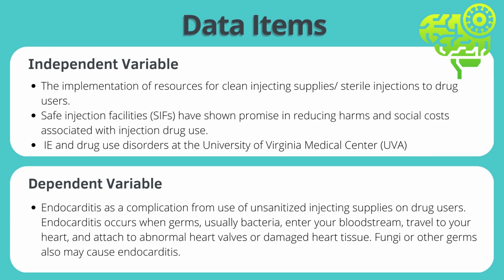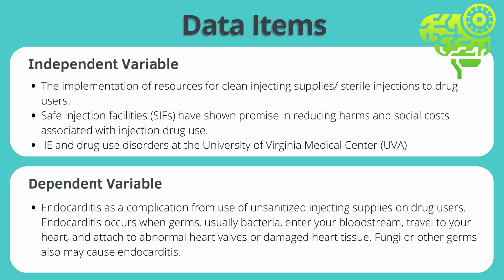So for our variables of selection regarding the PICO question, our independent variable was the implementation of resources for clean injecting supplies, sterile injections, to drug users. This was supported by the safe injection facilities.